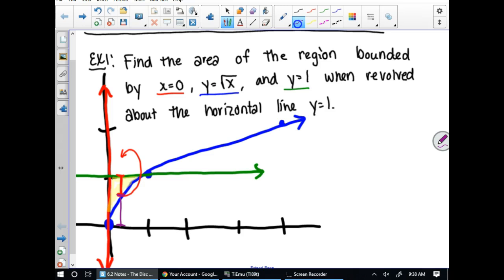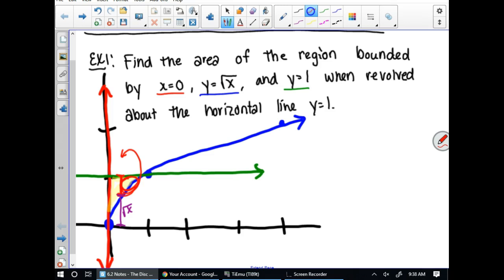So if I know this part right here is the square root of x, but I want to find whatever this is right here, what could I do? Almost.